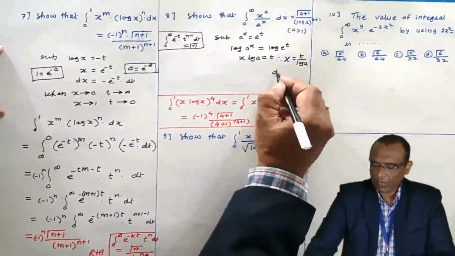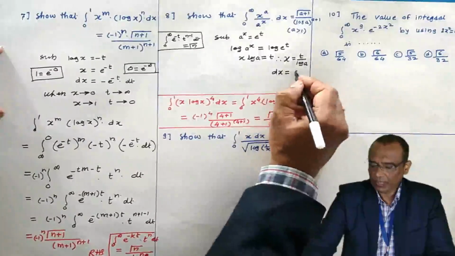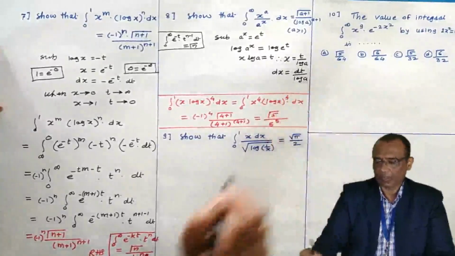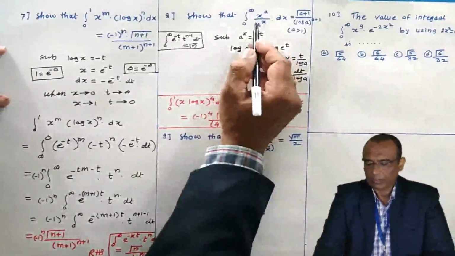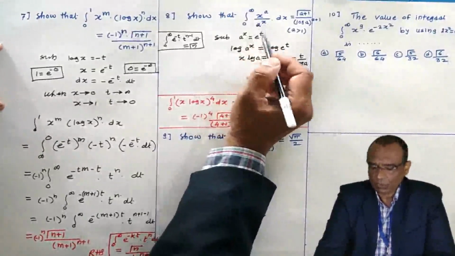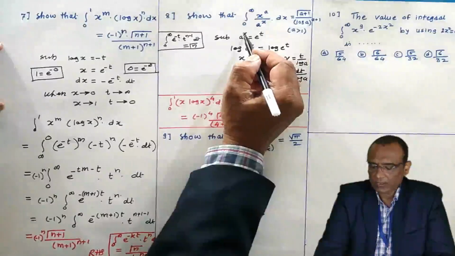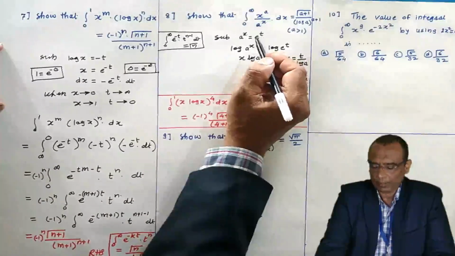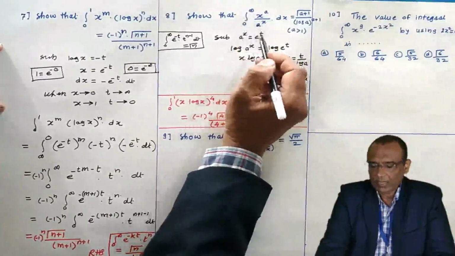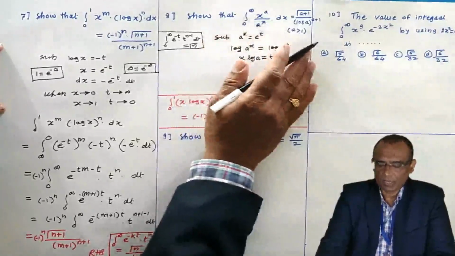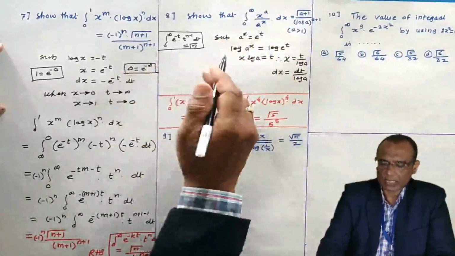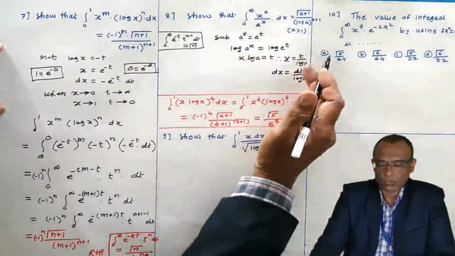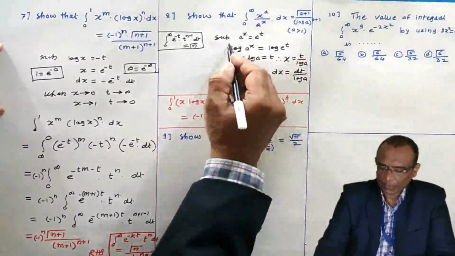Once you get the value of x, to find the value of dx also, take the derivative; log a is constant. Now you have to check whether the limits are being changed or not. When x is 0, t is 0, because a raised to 0 and e raised to 0 are the same. When x is infinity, t is infinity. Limits are not being changed, therefore I am not putting them: as x tends to 0, t tends to 0, and as x tends to infinity, t tends to infinity.